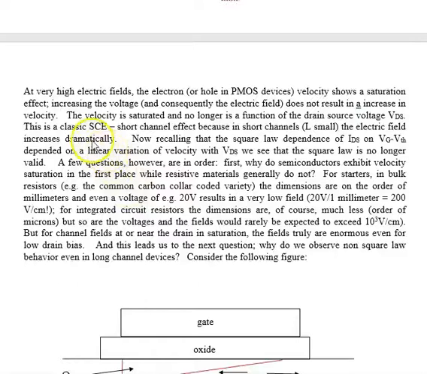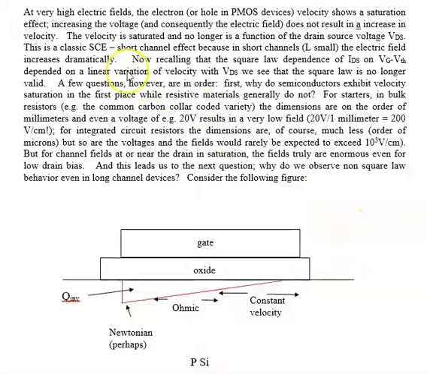This is generally considered a short channel effect, SCE. But it really is a bit broader than that. Short channel effect generally refers to the fact that when the channel is so short, this distance here is so tiny that the pinch off occurs very close to the source region.